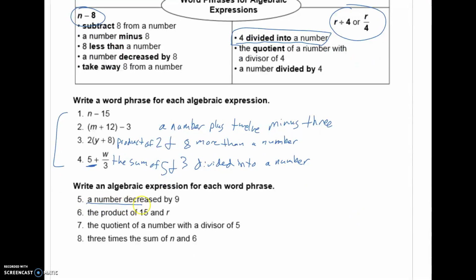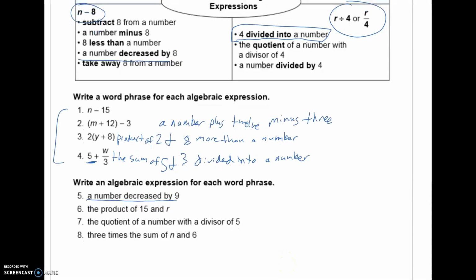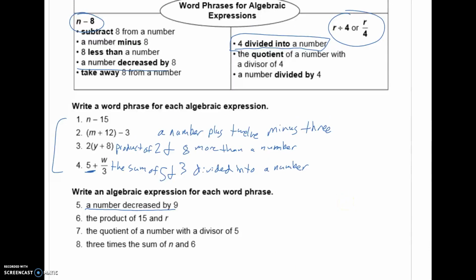So this one looks really similar to this one. You can match up the different formats to get you started and get used to using this stuff. So a number decreased by 9. Some number n decreased by 9. N minus 9.